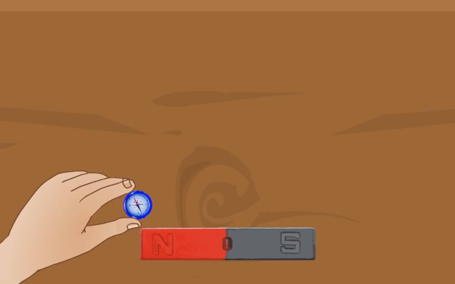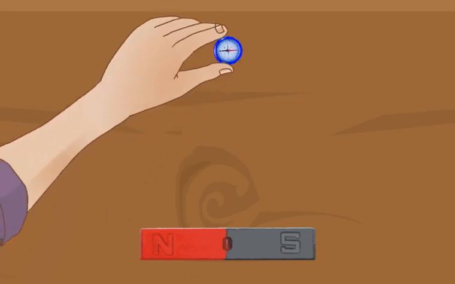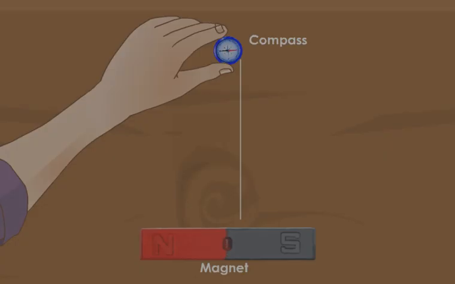When the compass needle is taken away from the magnet, the influence on the needle slowly decreases. The effect on the needle completely disappears after a certain distance away from the magnet.